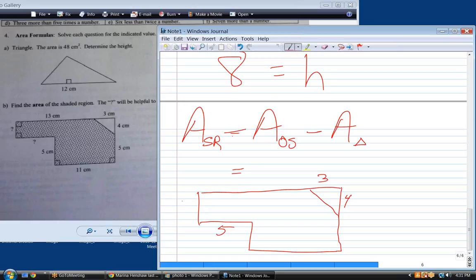Okay. Alright. This is 13, this is 11, this is 5. So, we're going to break this up into 2 rectangles. Ignore the triangle for the moment. What is the area of this long rectangle? 16 by 4. Base times height.